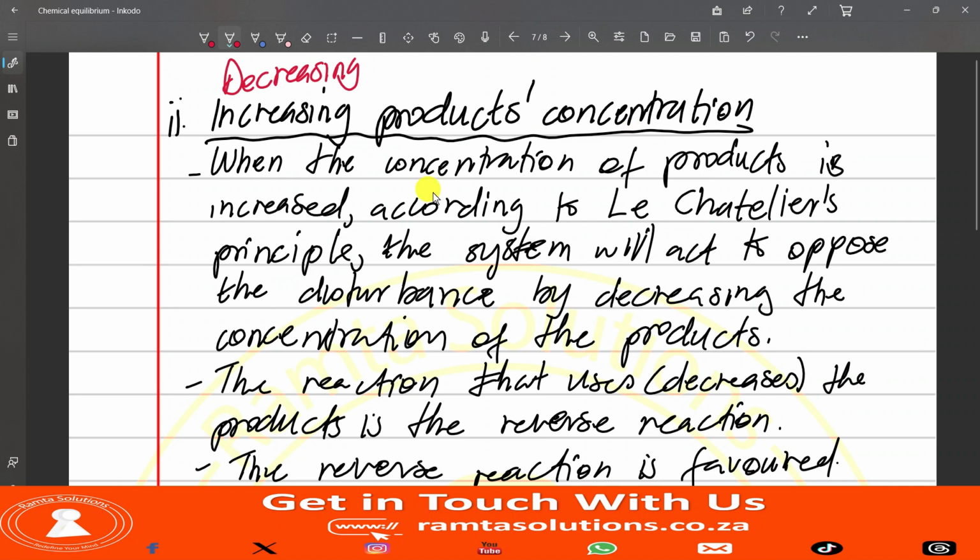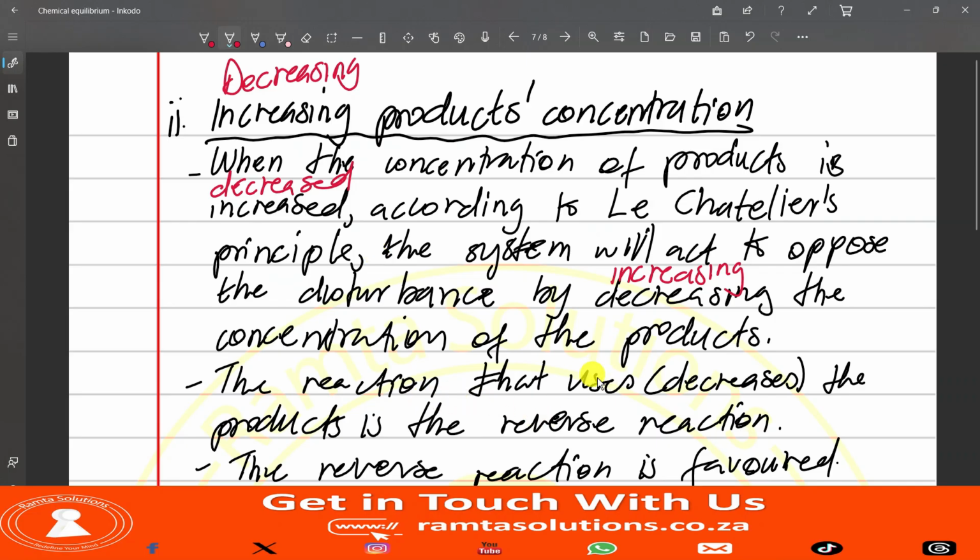So when you decrease, let me just say decreasing products concentration. When the concentration of products is decreased, according to Le Chatelier's principle, the system will act to oppose the disturbance by increasing the concentration of the products.